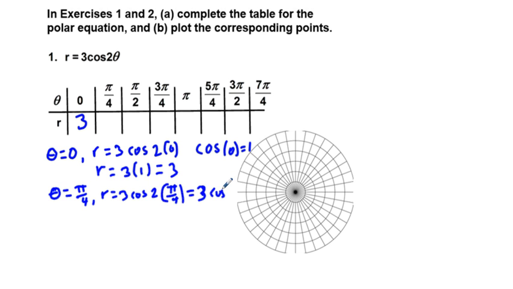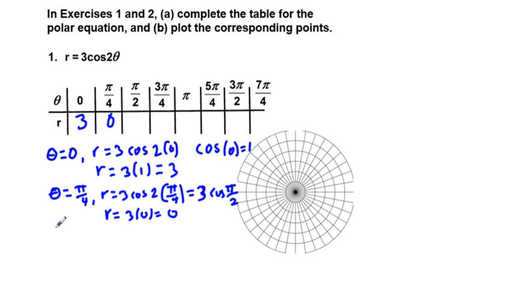We have 2 times pi over 4 is pi over 2. Well, cosine of pi over 2 is 0, so we're going to have r is equal to 3 times 0 equals 0. So for pi over 4 we have 0.